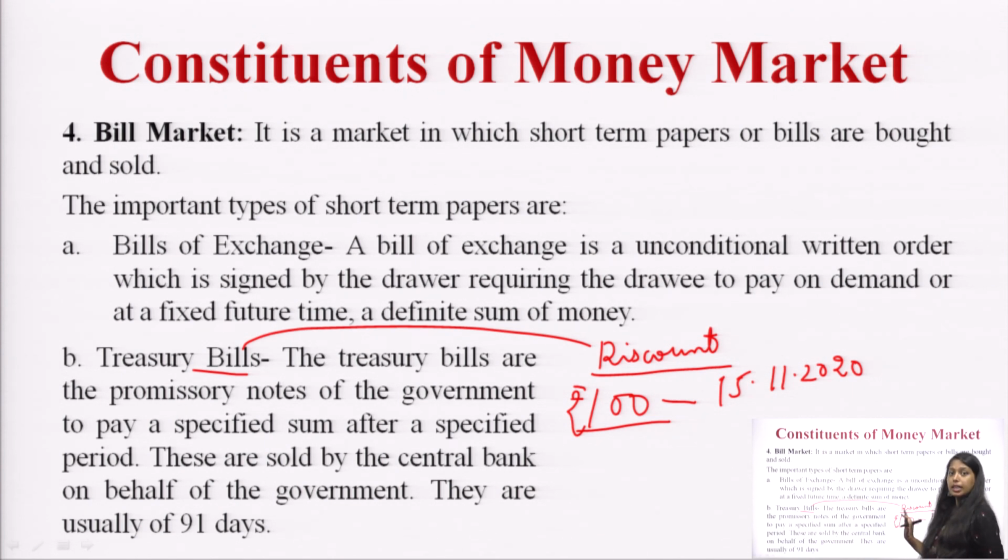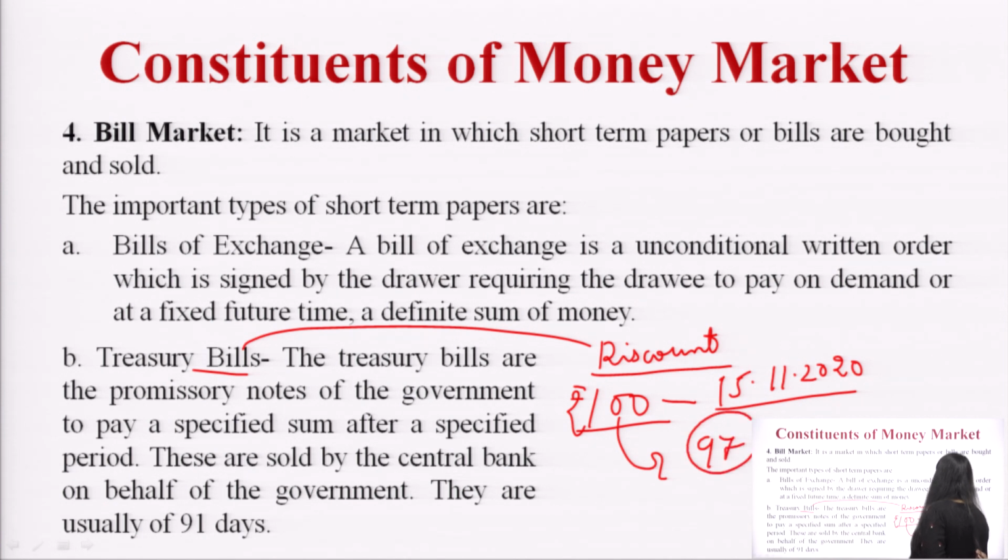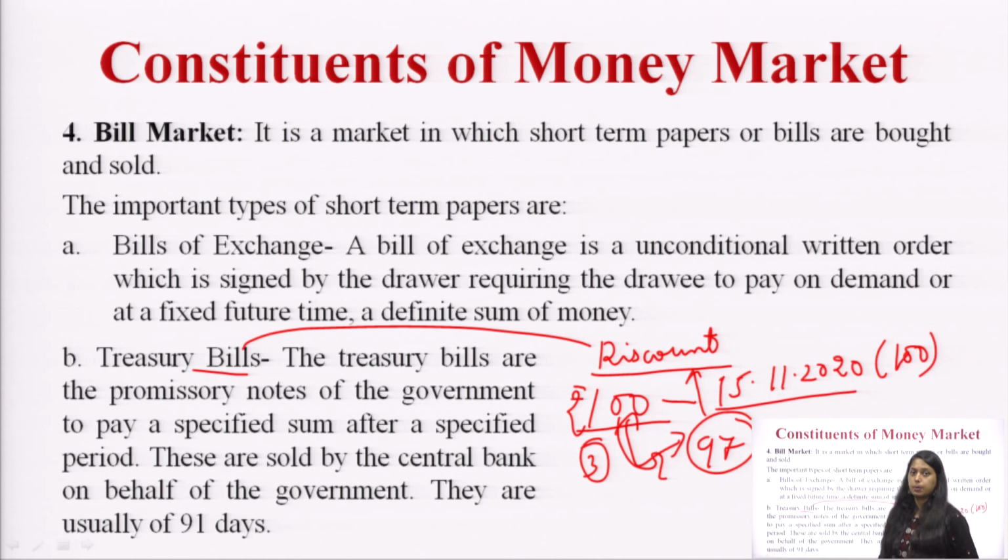If the person makes the payment before 15th of November, then the person has to pay 97 rupees, which is the discount rate. But if the person makes the payment on 15th of November, then the person has to pay 100 rupees. So this 3 rupees is the amount of interest which is being earned by the person.